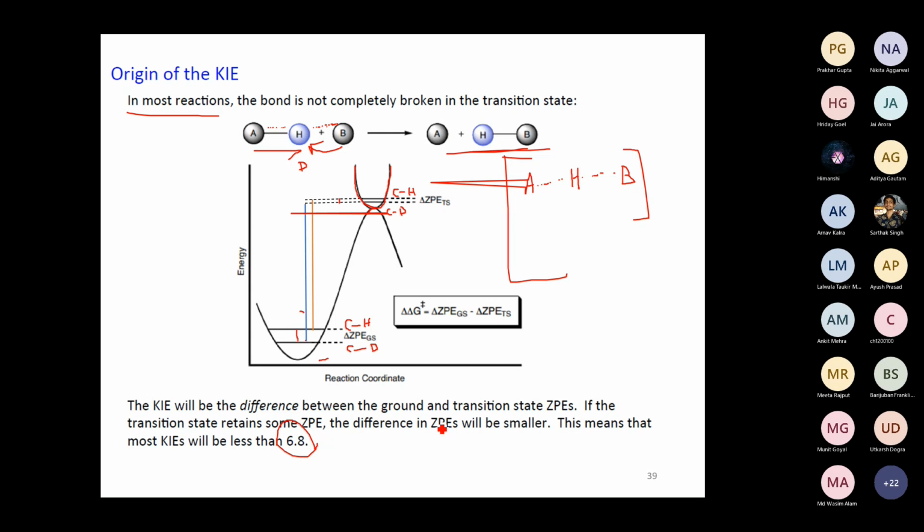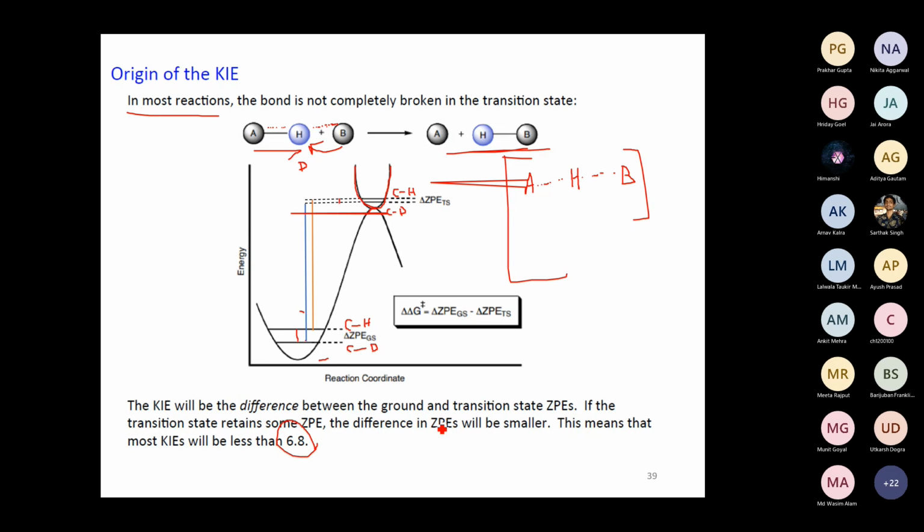So the value of KH by KD in primary kinetic isotope effect will actually tell you about the nature of the structure of the transition state. It will give some hint about the structure of the transition state. That is the second point I told you in the beginning: what kinetic isotope effect will tell you. It can also give a hint about the structure or geometry of the transition state.